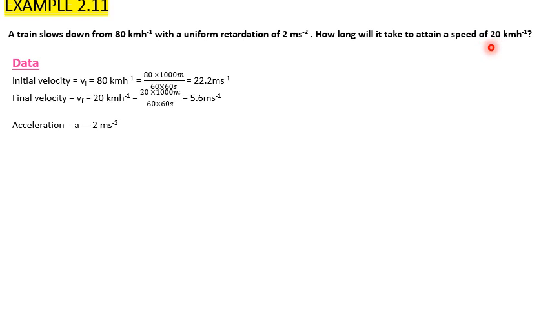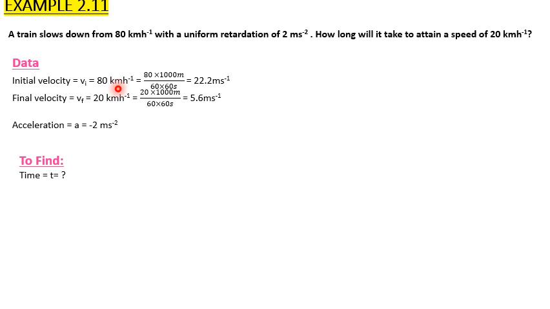Now, how long will it take to attain a speed of 20 km per hour? So the final velocity is 20 km per hour, and how much time will it take to reach from 80 km per hour to 20 km per hour. So we have to find the time, but first we have to check that these values are in SI units.